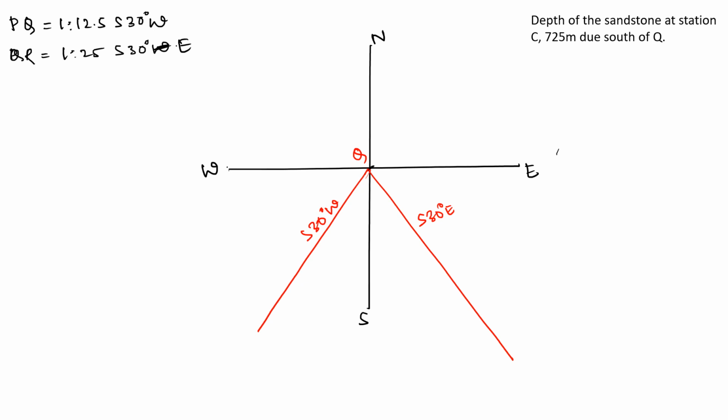So here I'll mark 12.5. I'll mark this point as 12.5 and name that as P. And another point I'll mark is the 1:25, here, and name that as point R. Now let us join these two points.